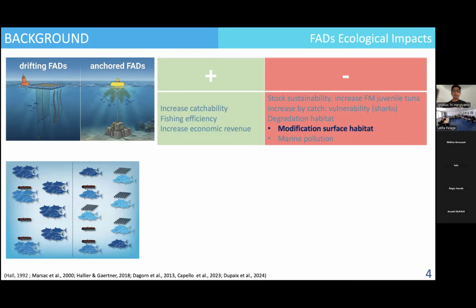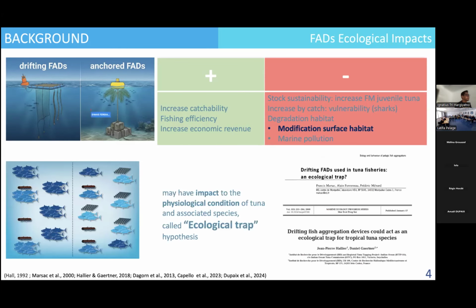Related to the modification of surface habitat, there is also an indirect impact on the physiological condition of tuna and associated species, which we call the ecological trap hypothesis, which was raised 25 years ago.